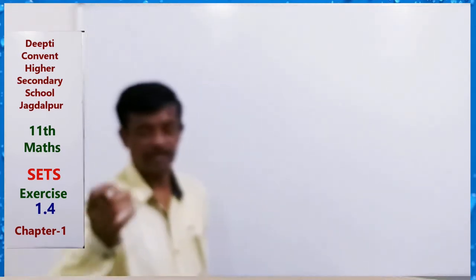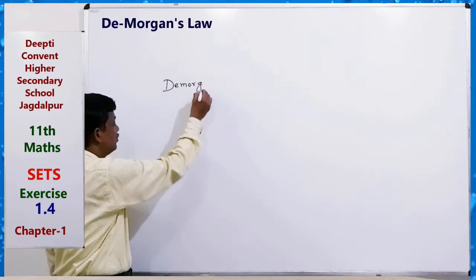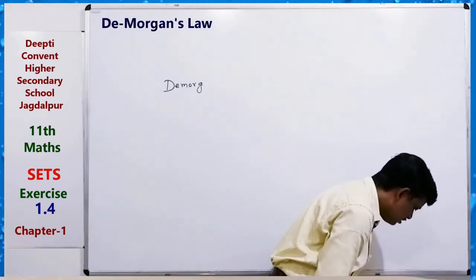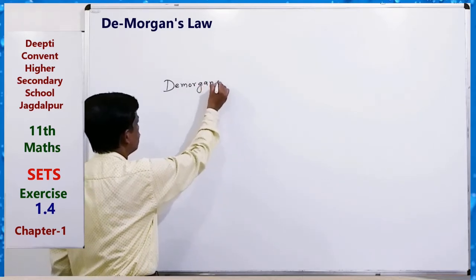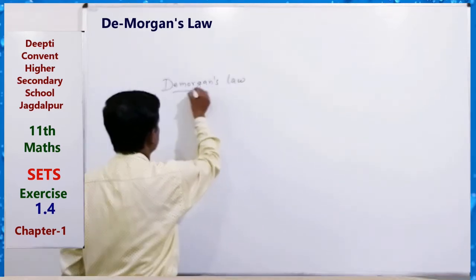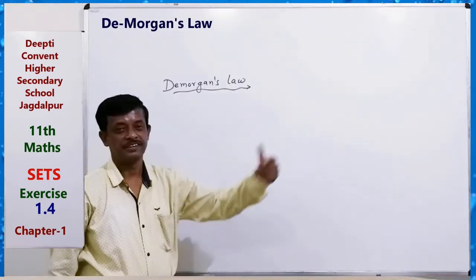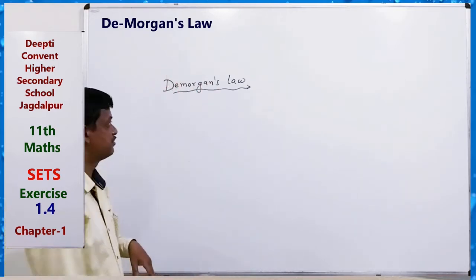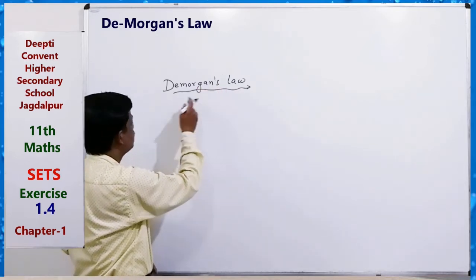There is an important property, De Morgan's law, very important for operations with sets related to complement, union, intersection. First law is De Morgan's law.